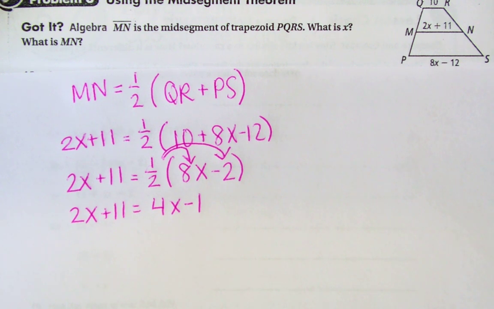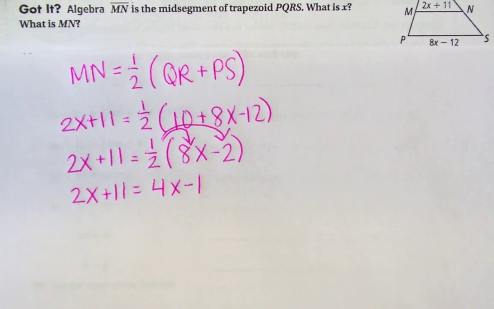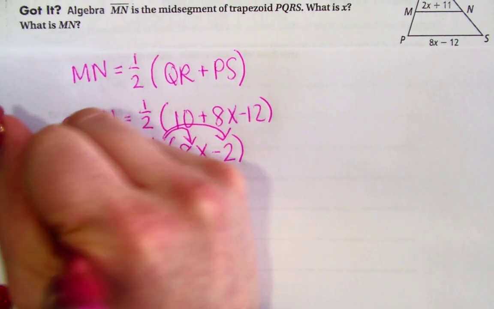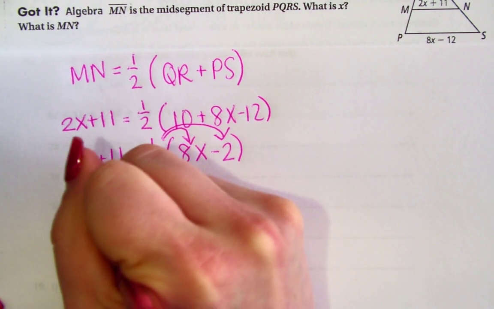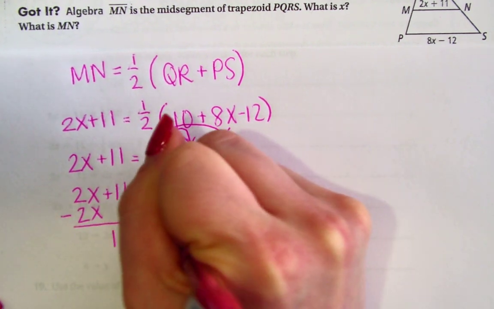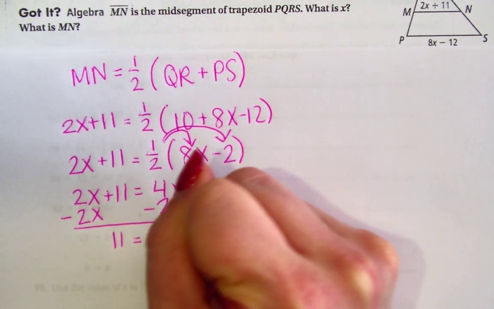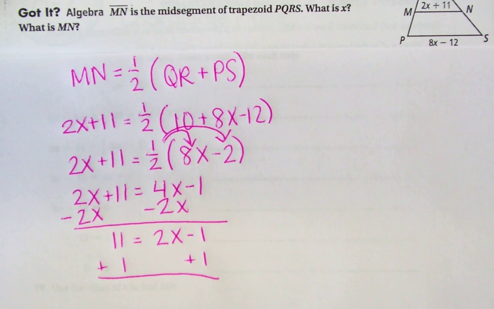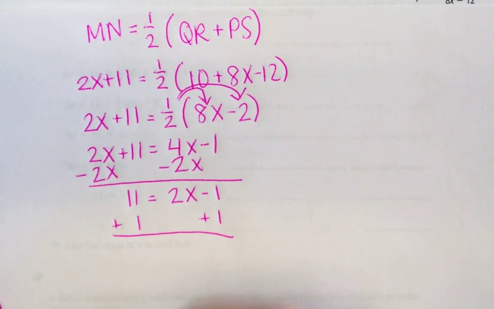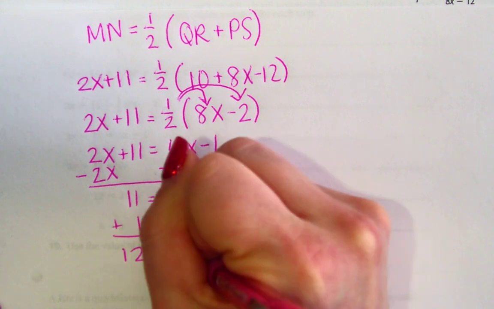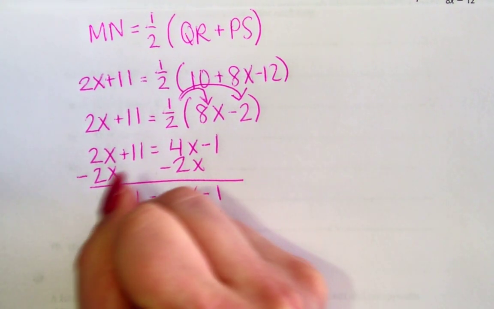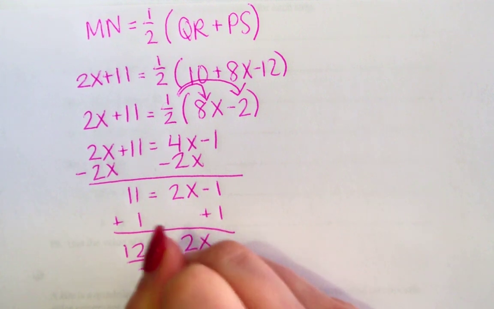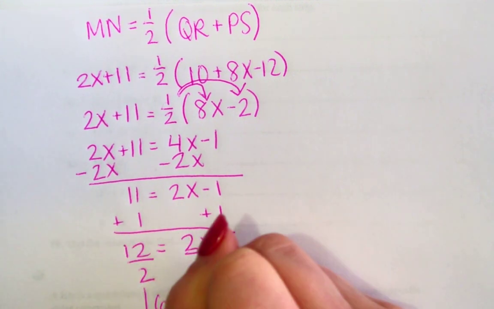Then from there, I am going to combine my like terms. So I'm going to subtract over the 2x, and I get 11 equals 2x minus 1. Add over the 1, and I get 12 equals 2x, and from here we divide both sides by 2, and we get x is 6, which is part of what I needed.